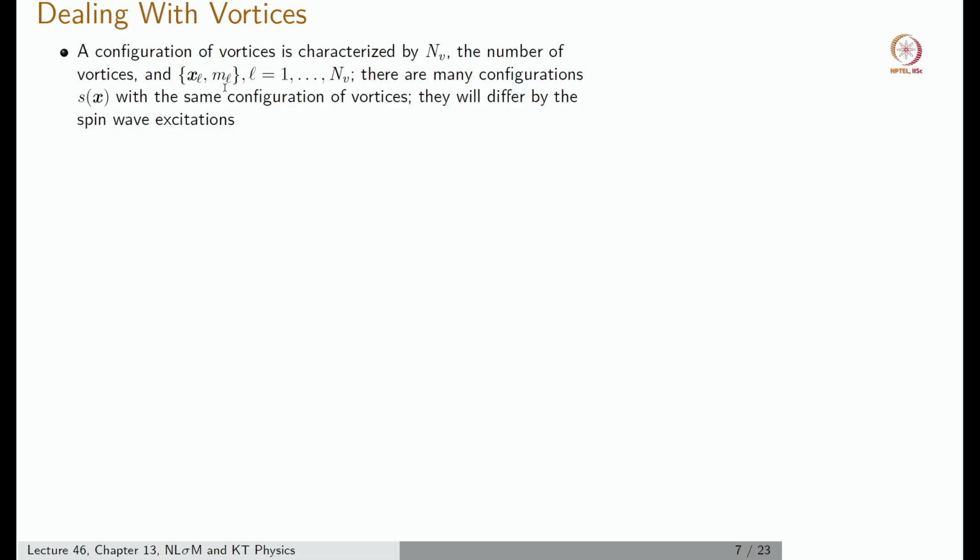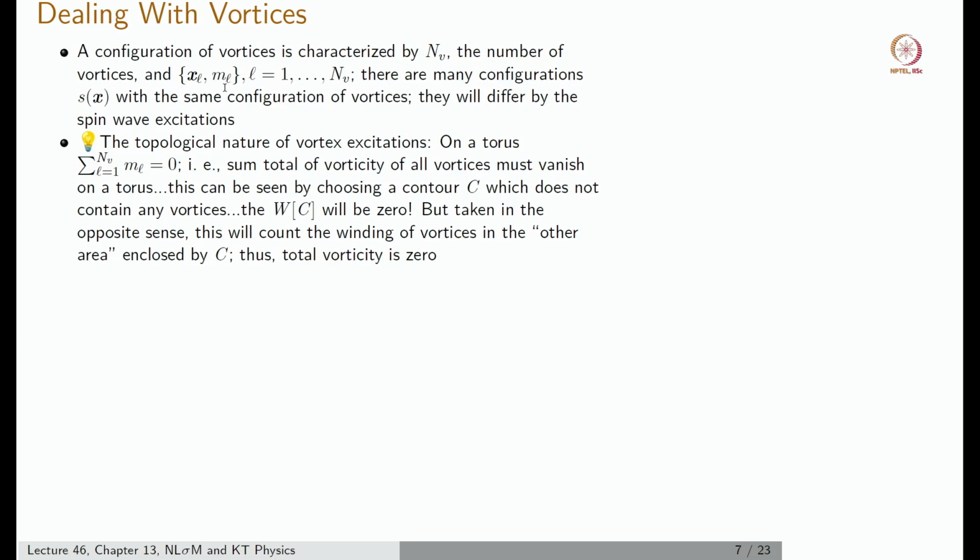That does not specify the excitation state completely. In fact, you can show that you can add spin waves to any given excitation and produce new excitations with the same vortex configuration.